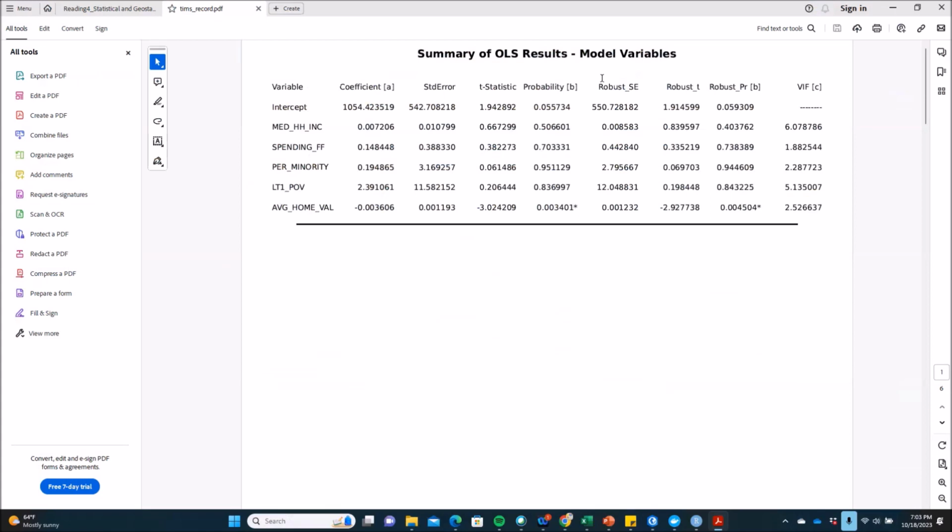Average home value. That's the only thing that'll explain age-graded heart disease death rates. And is it positive or negative? It's negative. And so basically, as your home value decreases, what happens to the death rates? Increase.